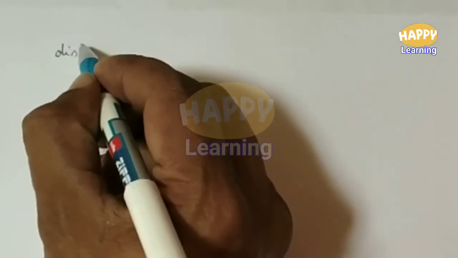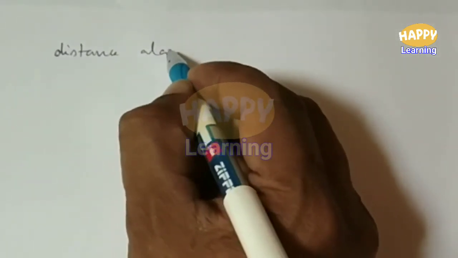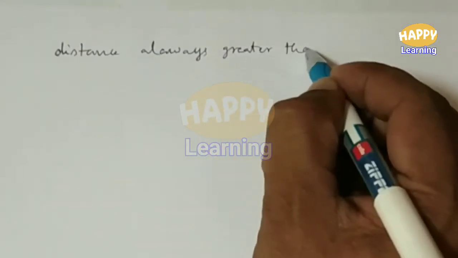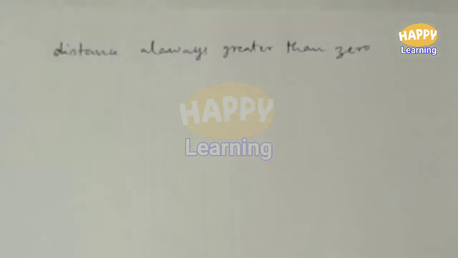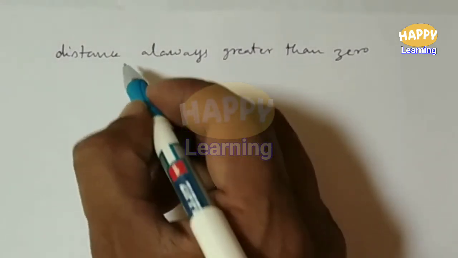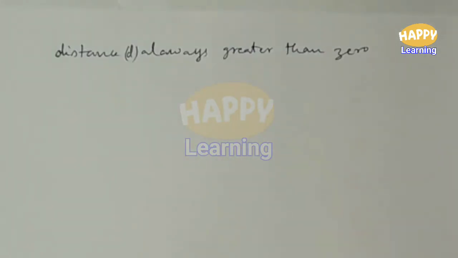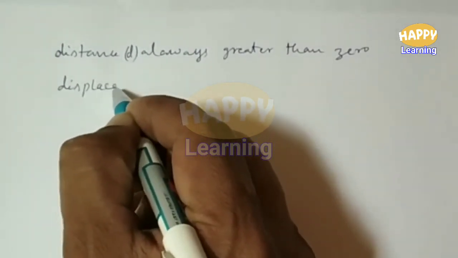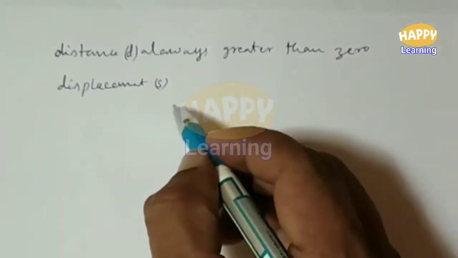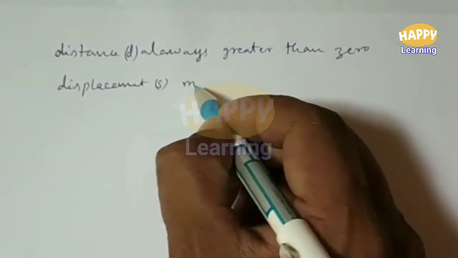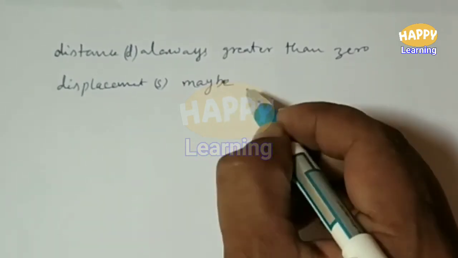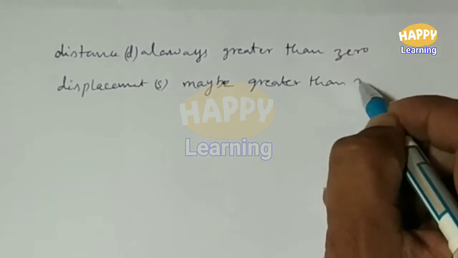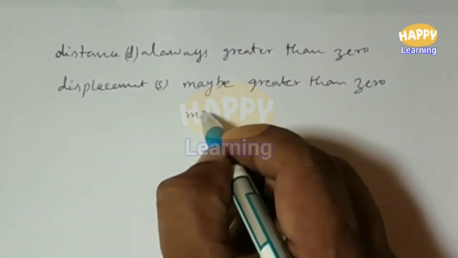So distance is always greater than 0, that means positive value. So in all the examples we have discussed, we never got D value 0 or less than 0. Distance D is always greater than 0. Displacement S may be greater than 0, that is positive value.